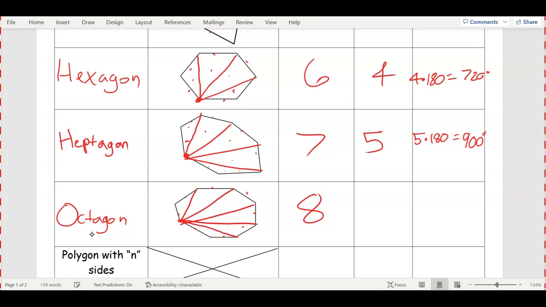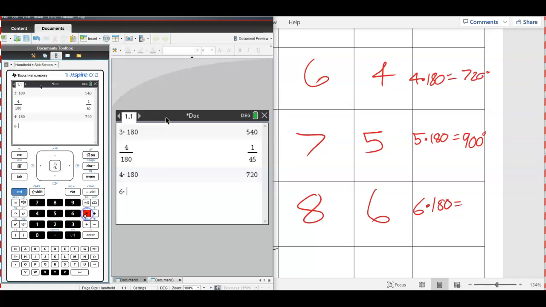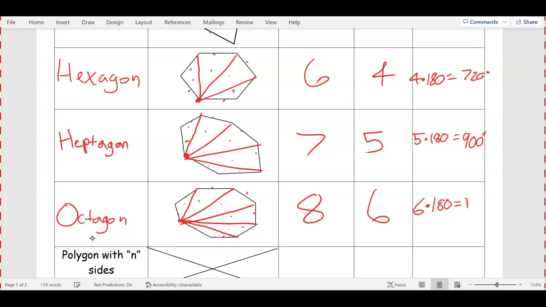Don't forget 5. And that gives me 6 triangles. 6 times 180. 6 times 180 is 1080.